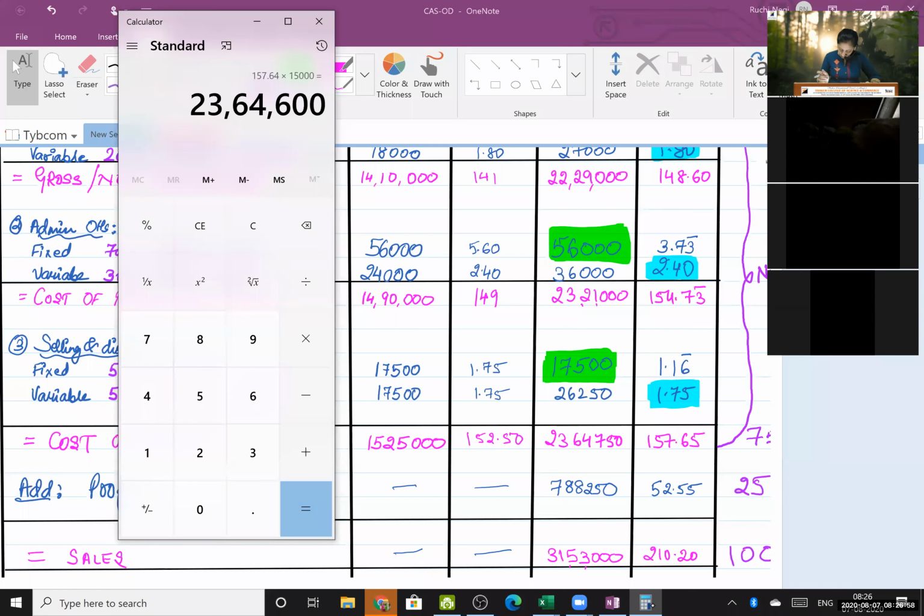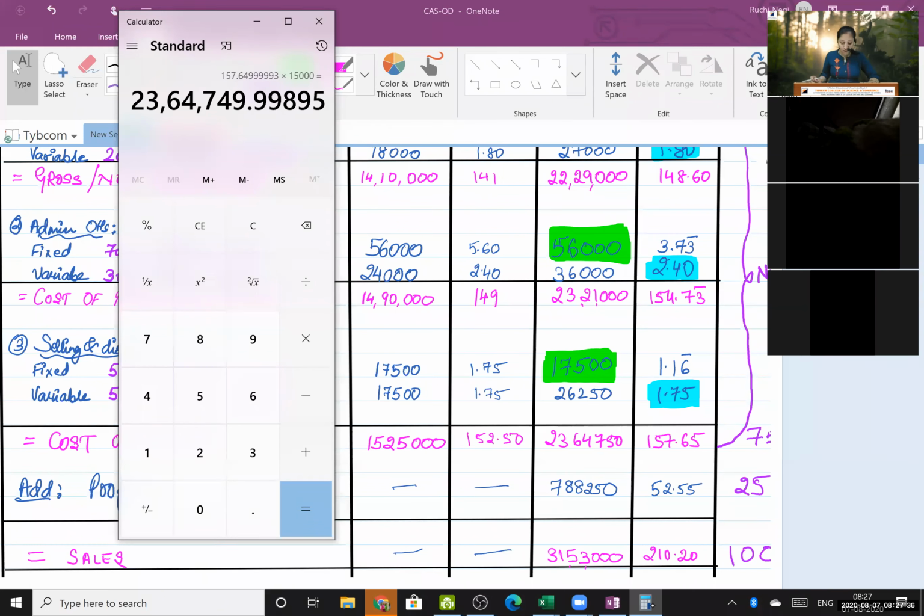It's showing some 150 rupees difference because the figures are recurring. Okay. So just see, if you take it like this, look at the screen, 154.7 recurring, then take it like this, more than 4 decimals, plus 1.166666 like this, plus 1.75, so then it has to be this way, multiply with 15,000.